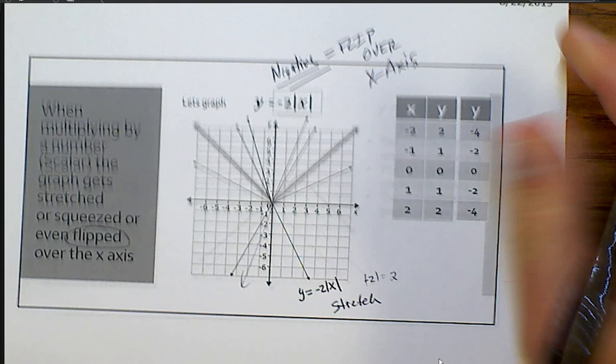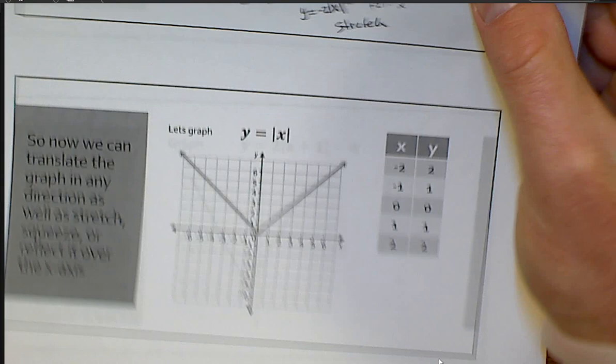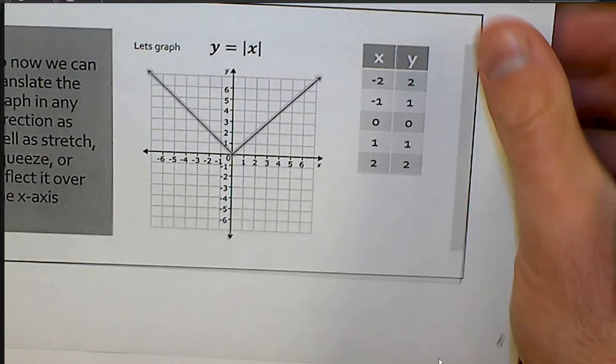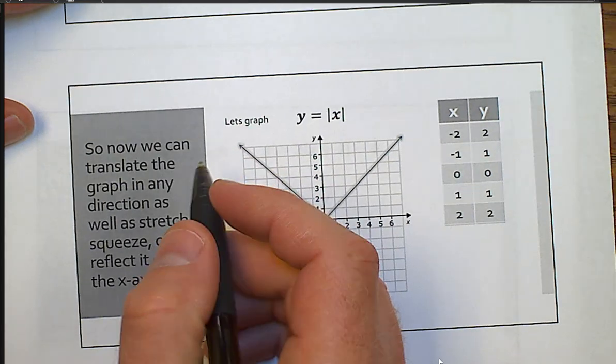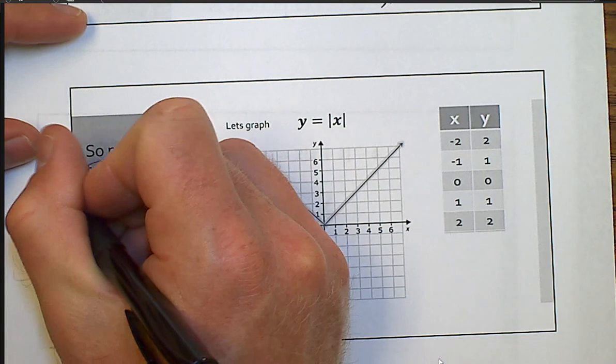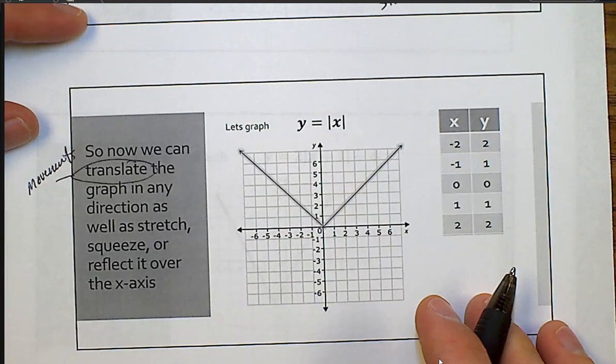All right? This last slide, we're going to translate some graphs here. When you see this word, this is just movements. You may hear me say the word translation or translate movements.